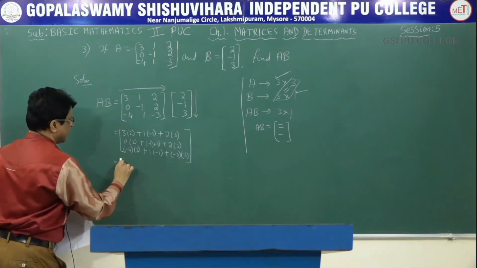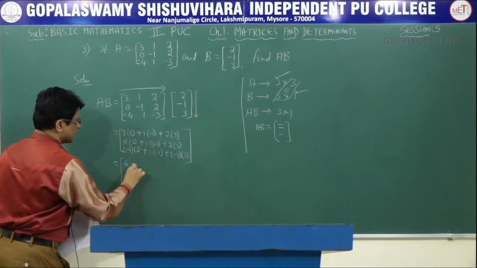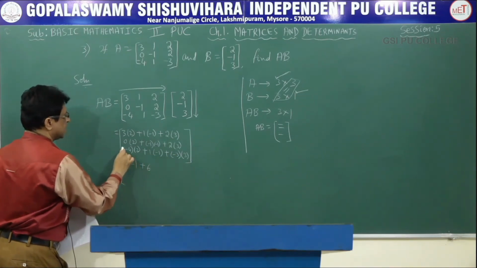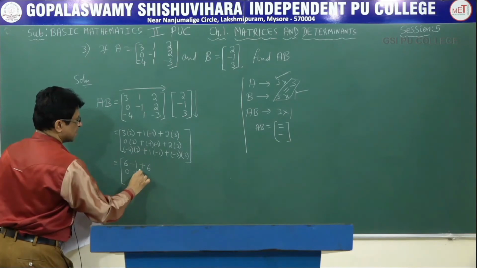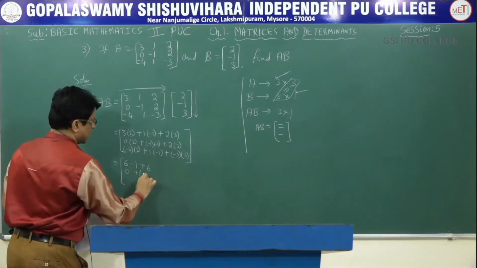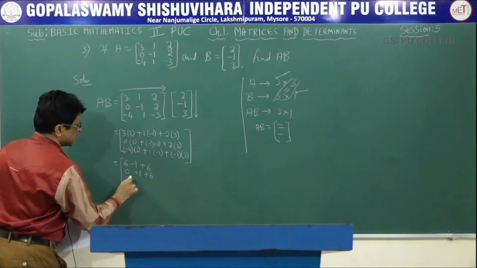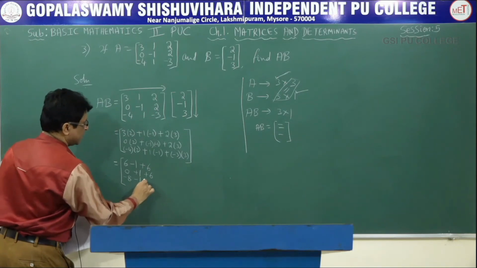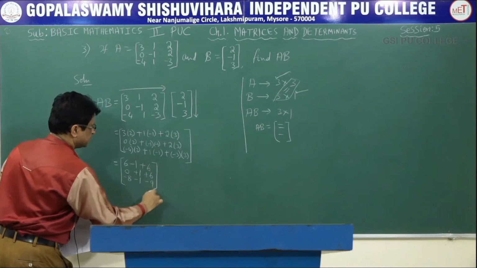So that will be equal to 3 into 2, 6, plus 1 into -1, -1, plus 2 3s are 6. 0 into 2, 0, -1 into -1, plus 1, plus 6. -4 into 2, -8, plus 1 into -1, -1, -3 into 3, -9.